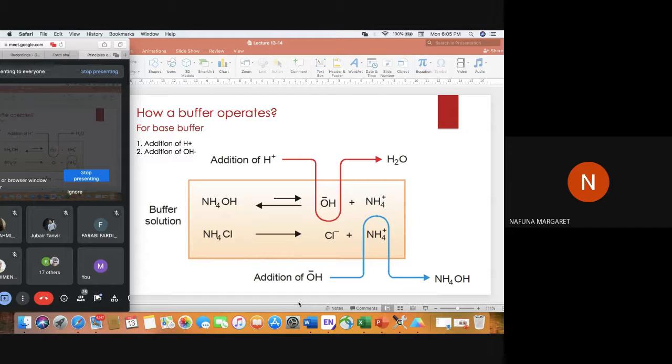And what will happen if we add a proton, or acid? When you add an acid, it will react with the hydroxide ions forming water.